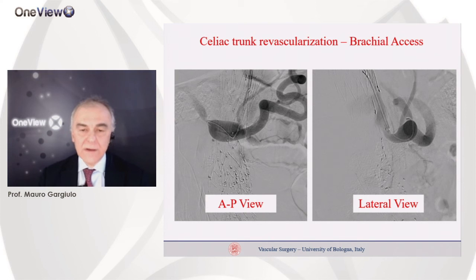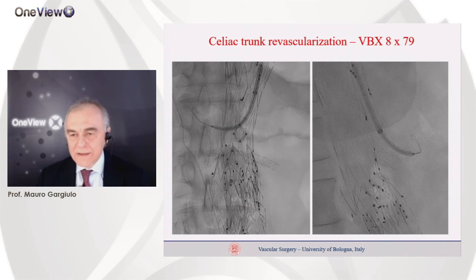You can see the anterior, posterior, and the lateral view of the celiac trunk to define exactly the location of the bifurcation of the celiac trunk and the location of the distal landing zone. We deployed the stent graft.